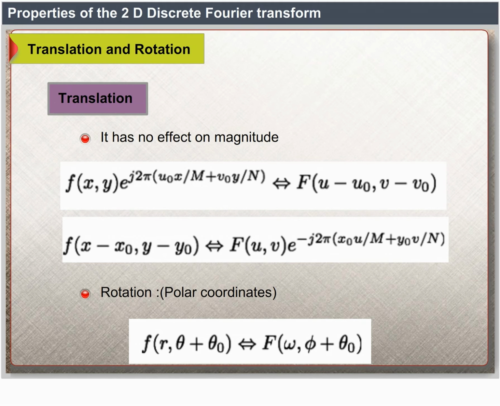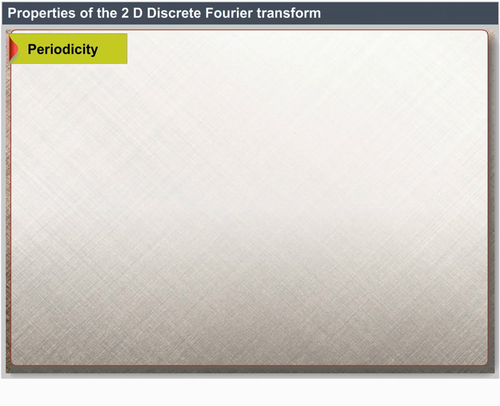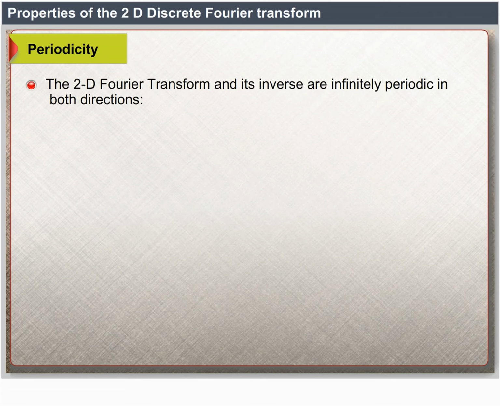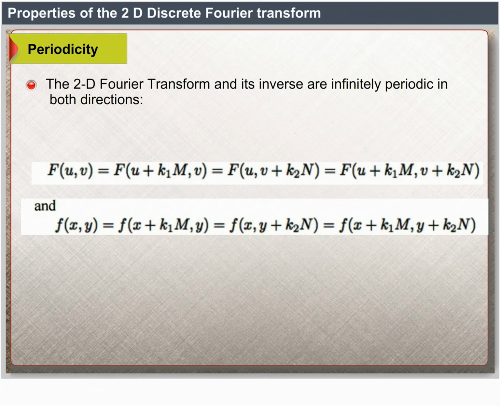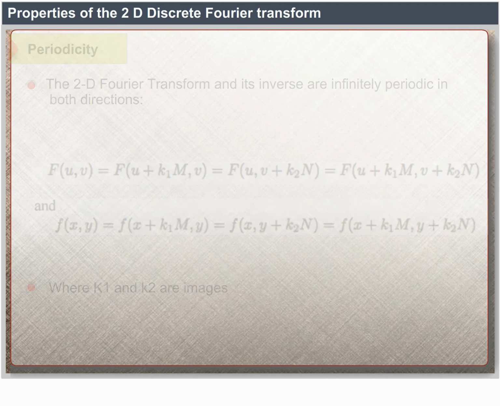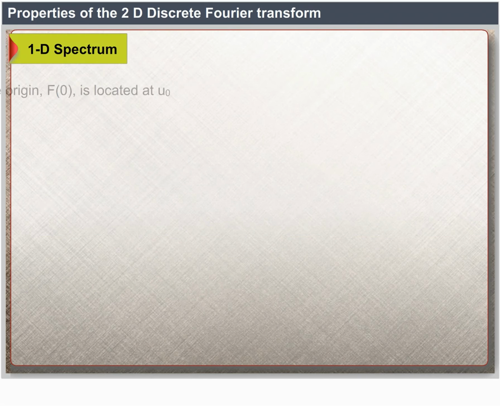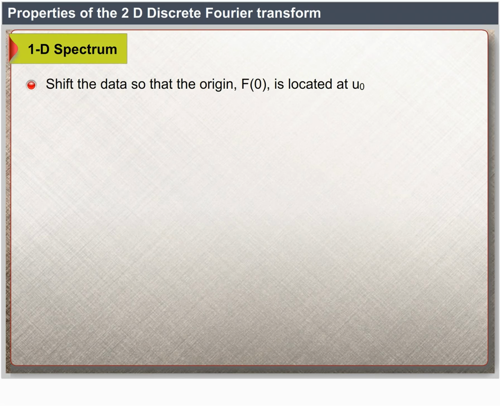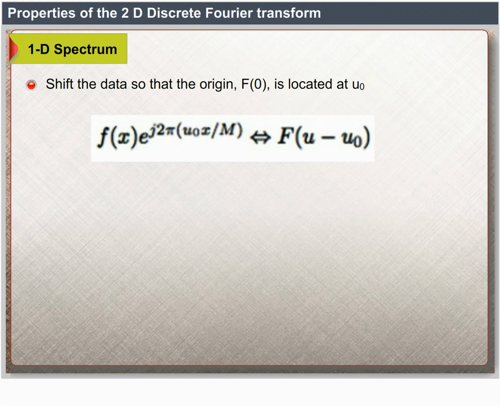If u0 equals M by 2, the equation will put F of 0 at the center of the interval 0 to M minus 1. 2D spectrum. Shift the data so that the origin F of 0, 0 is at the center of the frequency rectangle defined by 0 to M minus 1 and 0 to N minus 1. The equation will be as shown on screen.